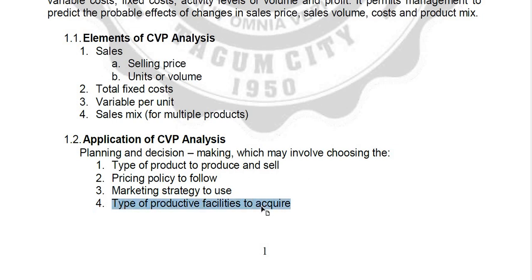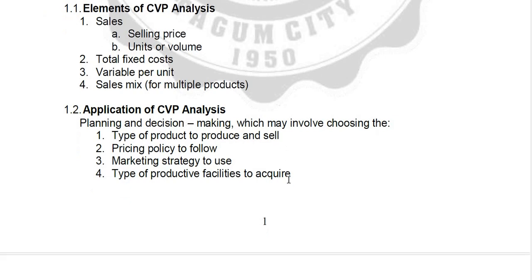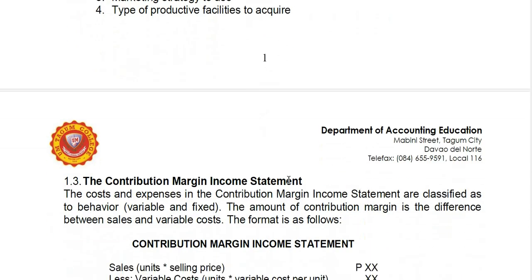Kung highly automated ba or magre-rely ka ba sa labor. So, it will also depend on the volume or your structure, no? Yung nature ng iyong operation. So, ano yung mas applicable sa iyo or mas advantageous on the part of the entity.